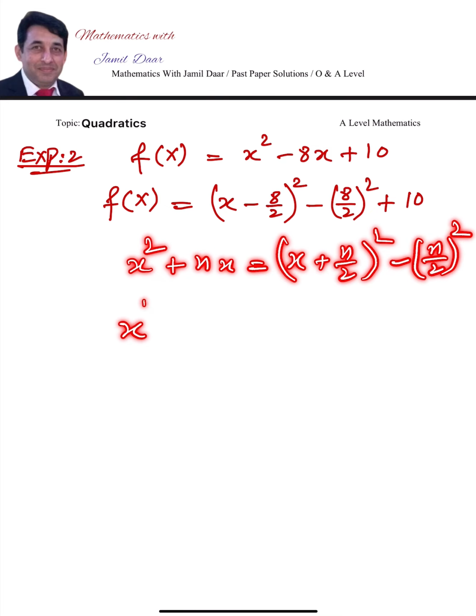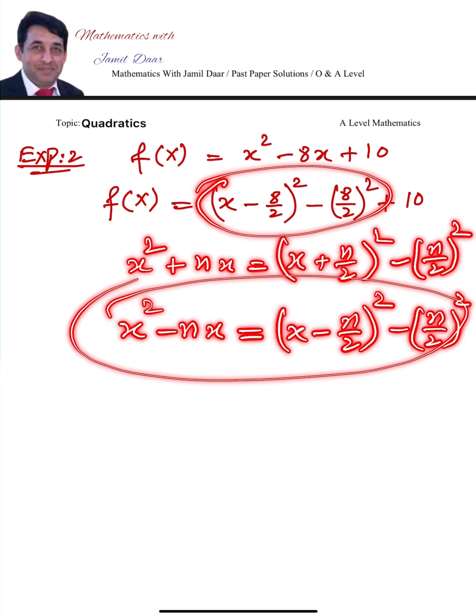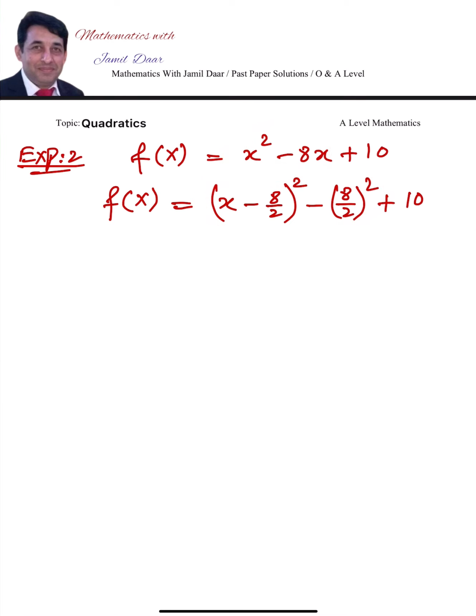And if it is x² minus nx, that would be equal to (x minus n over 2) whole squared minus (n over 2) whole squared. So we have applied this to make x² minus nx a perfect square. So f(x) is equal to (x minus 4) whole squared minus 16 plus 10, that will be minus 6.